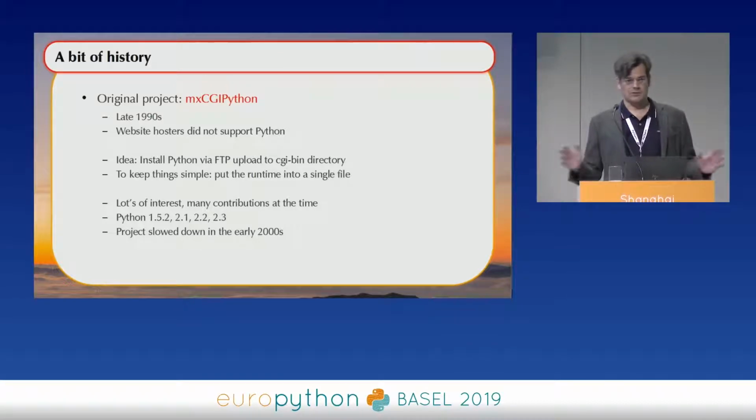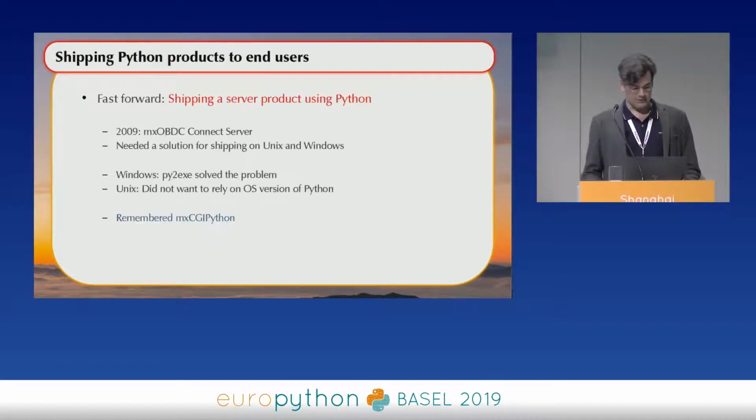There were lots and lots of different systems, Solaris, HPUX, all kinds of variants of that. So you needed to first figure out what system was running at the FTP hoster, and then you could upload the correct binary. So that lasted a couple of years. It then petered out early in the 2000s because then the web hosters started to support Python. And then basically I dropped that project.